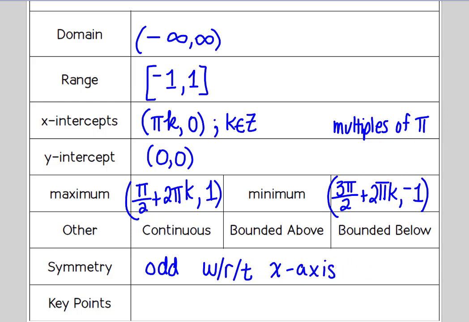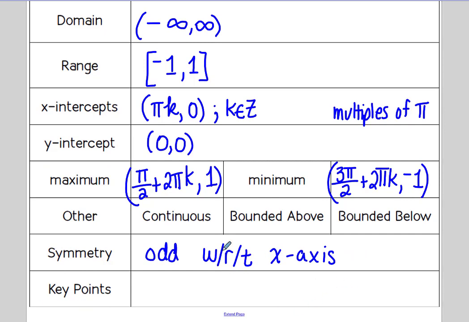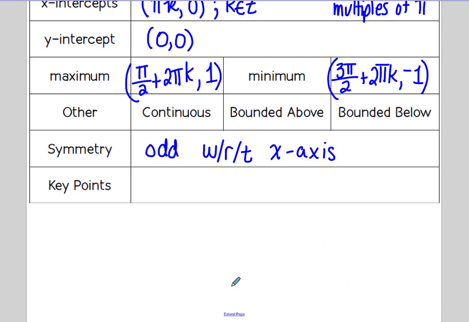It's odd. It has symmetry with respect to the x-axis. And the key points, this is my favorite way to graph. So the key points, first of all, I'm going to name them as the pattern. If you think about the graph, we had an intercept, a maximum, an intercept, a minimum, and an intercept.